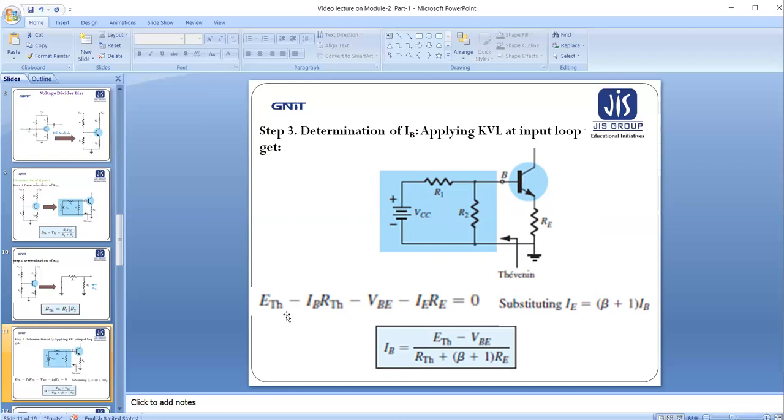Therefore, the KVL equation is ETH minus IB RTH minus VBE minus IE RE. Now IE equals beta plus 1 into IB. So IB equals ETH minus VBE divided by RTH plus, within bracket, beta plus 1 into RE.